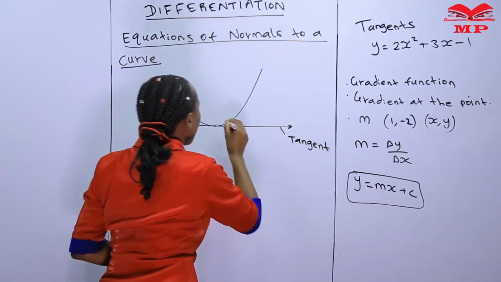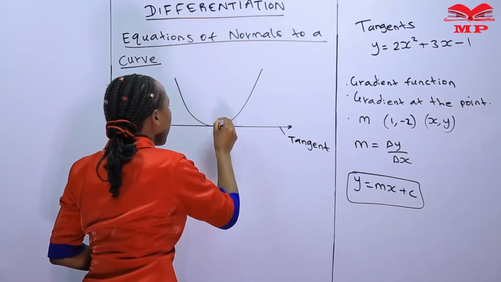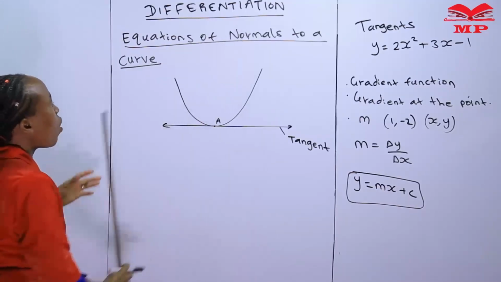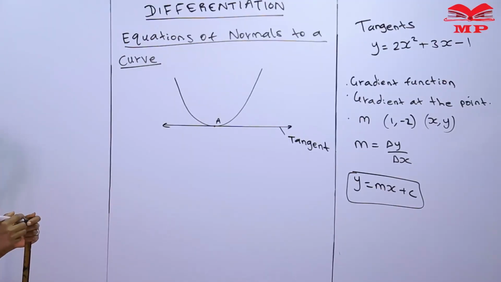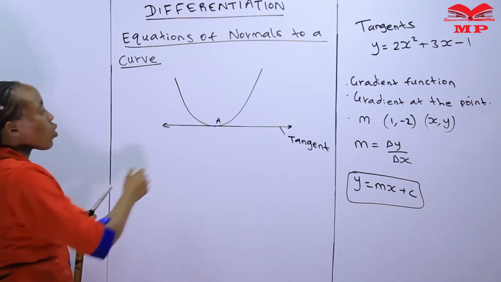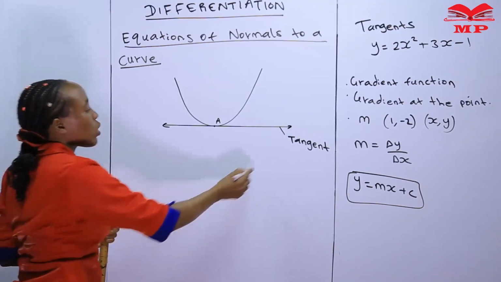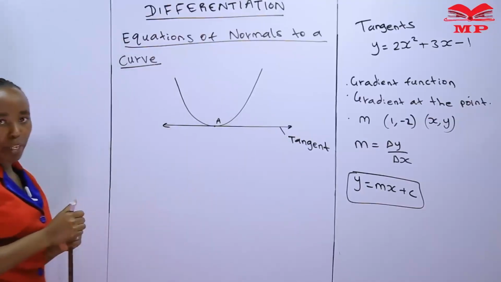At that point, we can call this point A. At point A, a normal is a line passing through the given point and perpendicular to the tangent at that point.